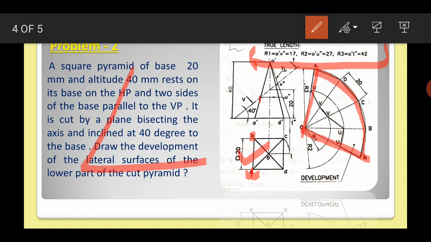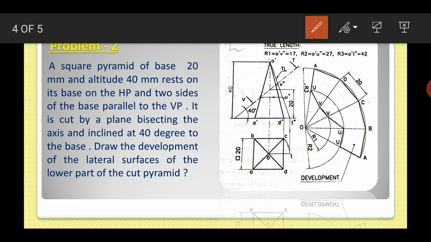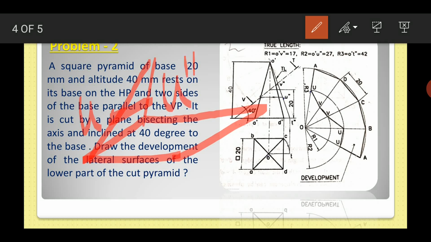When we draw a pyramid and cut through this point, the other side is the same. Suppose you mark it as U double dash, this point is U double dash and this point is U double dash. So the same point is cut.